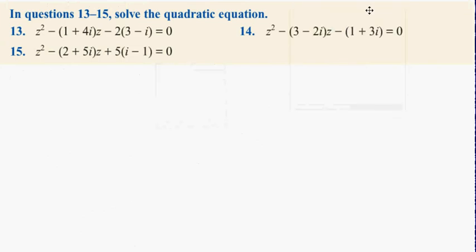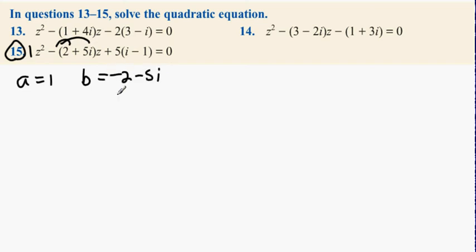Okay, so now we have question 15, very similar to number 12 we just did. So a equals 1, b equals, we're just going to multiply that in. We're going to get minus 2 minus 5i, so then minus b has to be plus 2 plus 5i. C being 5i minus 5. And then we're going to do the minus b formula.